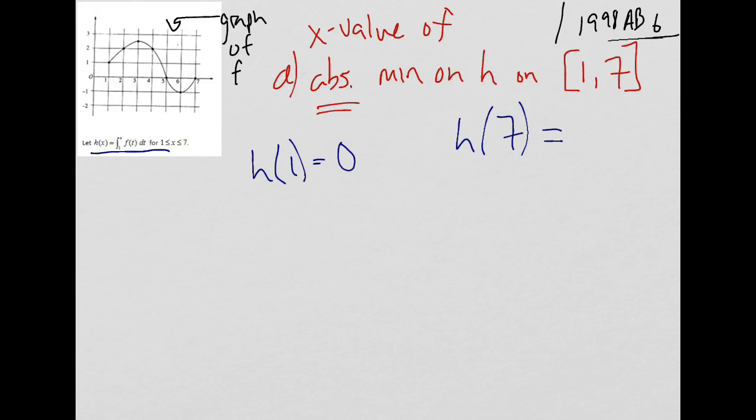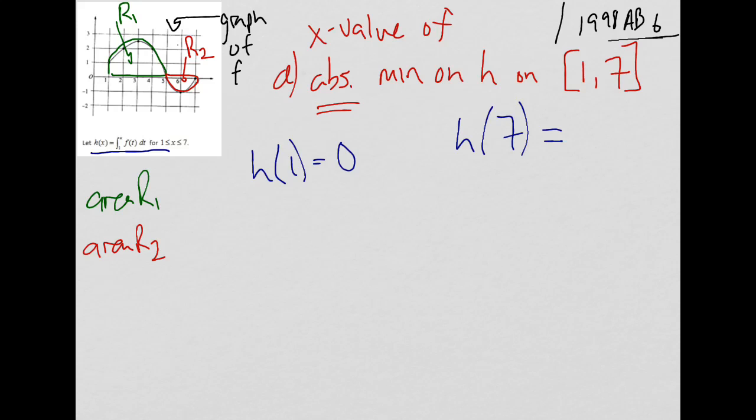So what I'm going to do, I know integral is area, so I'm going to call that green spot right there R sub 1, for region 1, and I'm going to call its area area of R sub 1. Then this area down here, I'm going to call R sub 2, and its area, area of R sub 2.